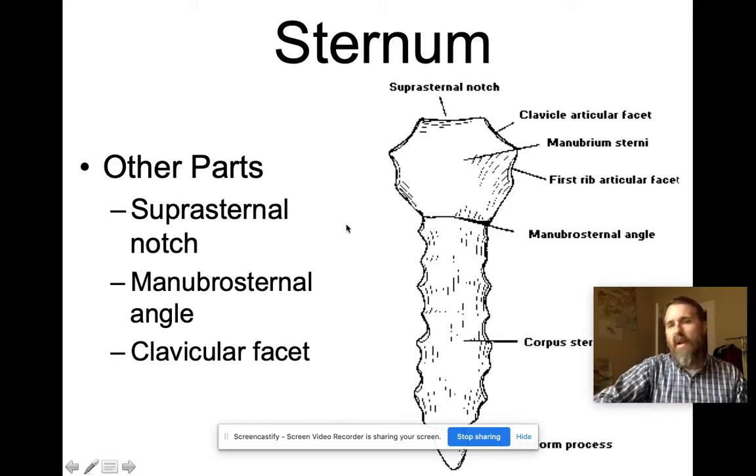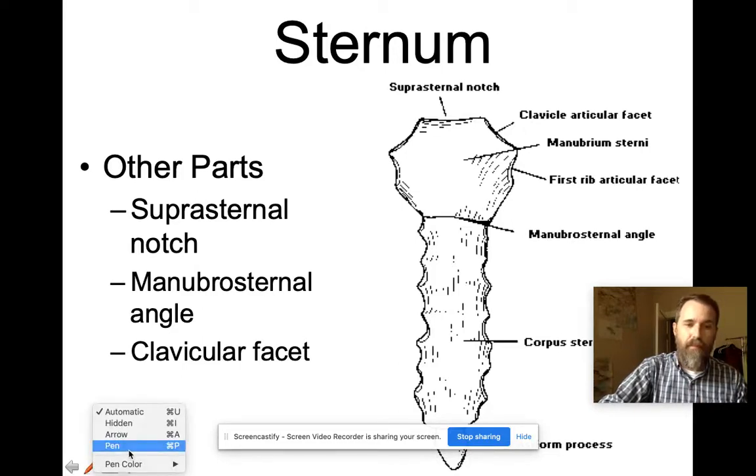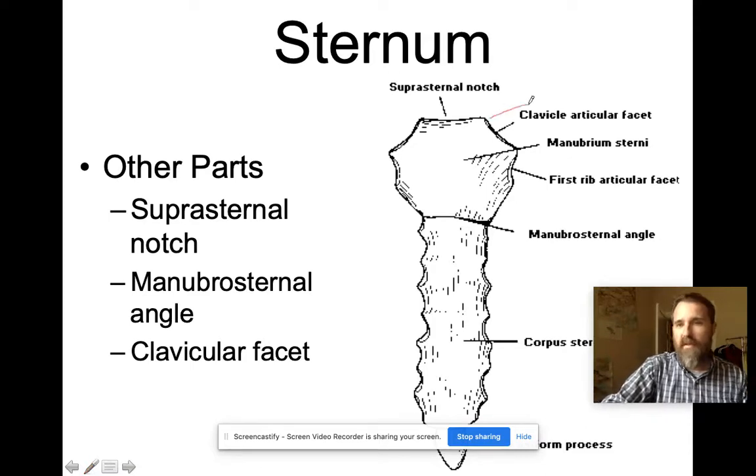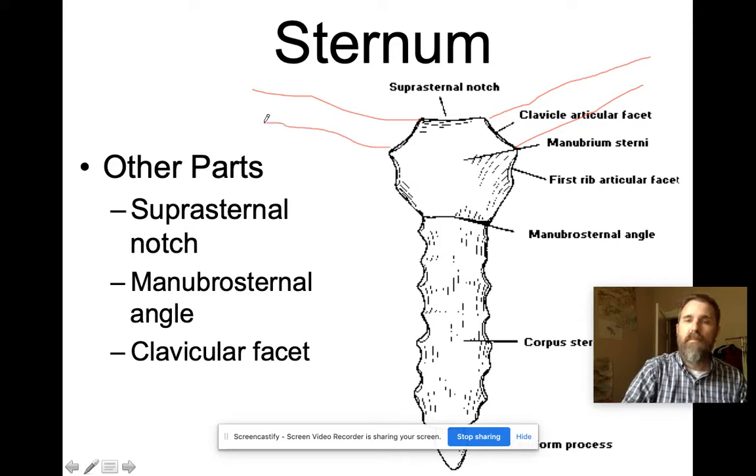The facets where the clavicle, your collarbone, attaches to the sternum are known as the clavicular facets. So if you can imagine, the clavicles would come down and attach here to the sternum. And if you move your fingers laterally, you're going to feel your collarbones, aka your clavicles, right there.